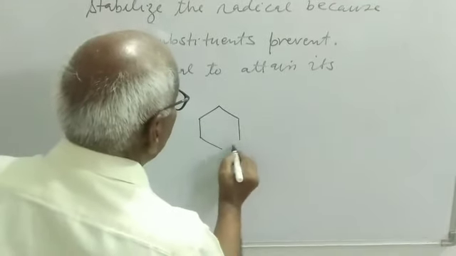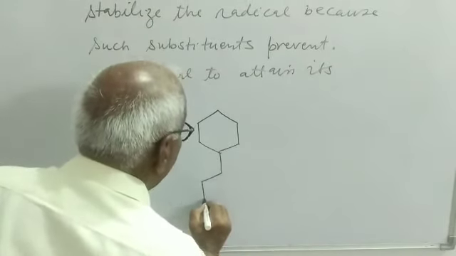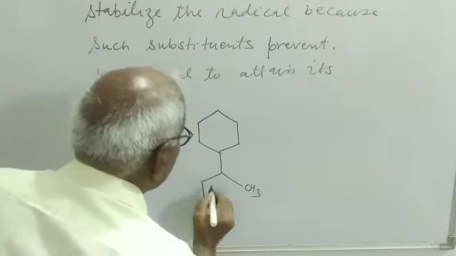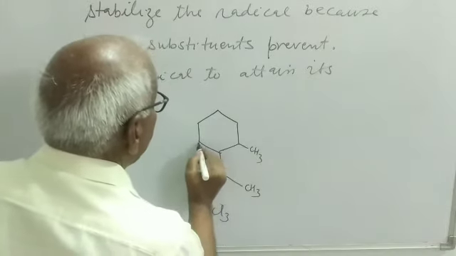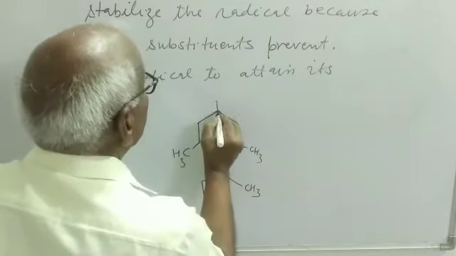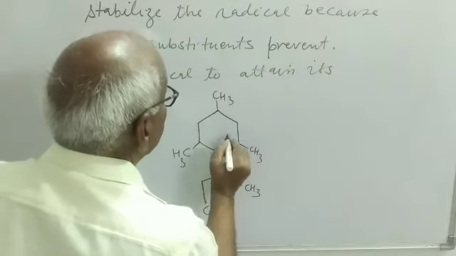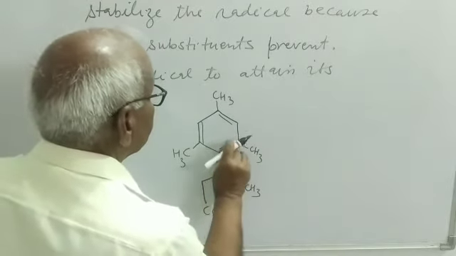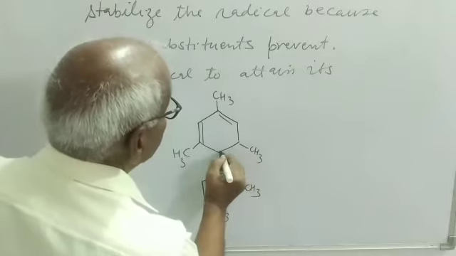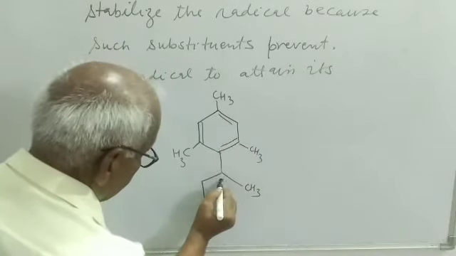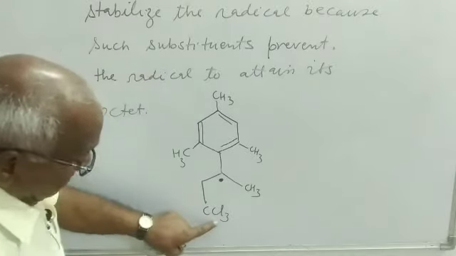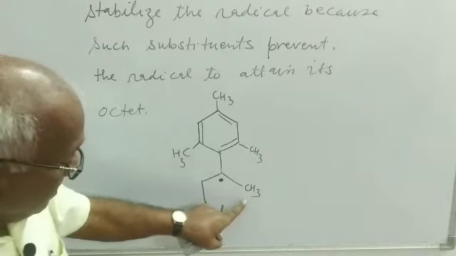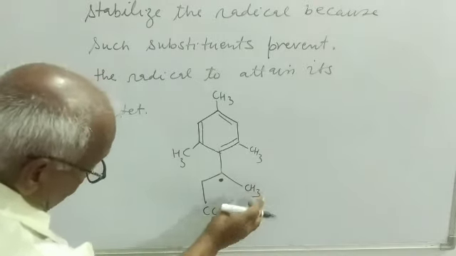This is CH3, this is CCl3, this is CH3, this is CH3, this is CH3. So this free radical is tertiary in nature. In CCl3, the Cl atom is larger, and it is 3 in number. The methyl group is in the sp3 hybridized state, so it has volume.